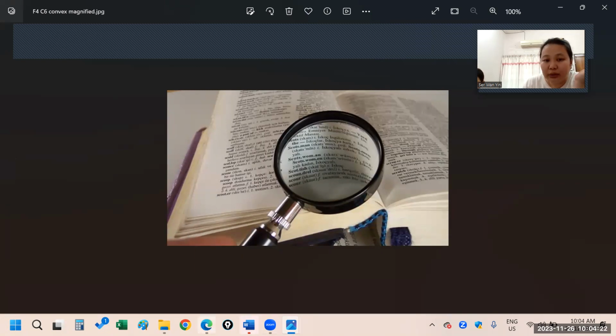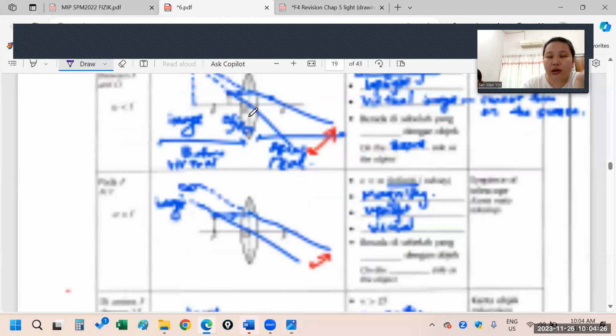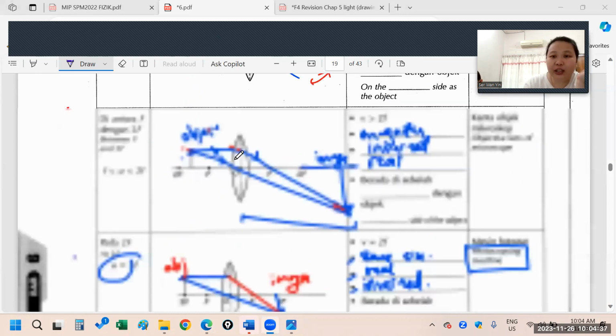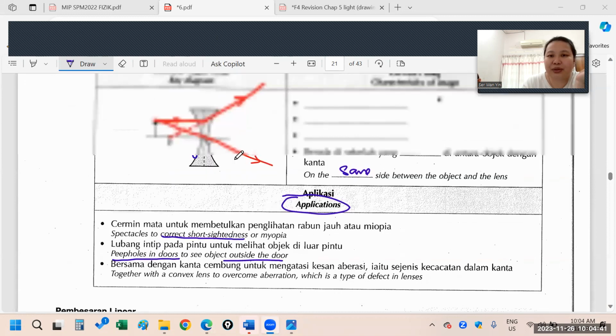So this is lens for magnifying glasses. You need to put the object very close, shorter than focal length. All right. Hotel door. Yes, very good. Hotel door. In Malaysia, we seldom use the peephole.